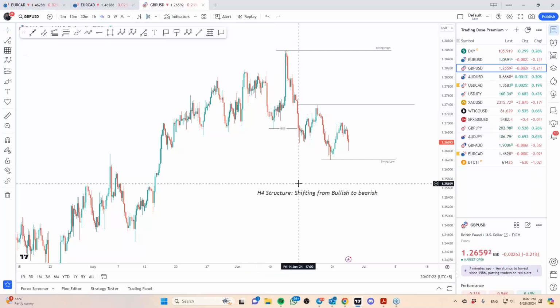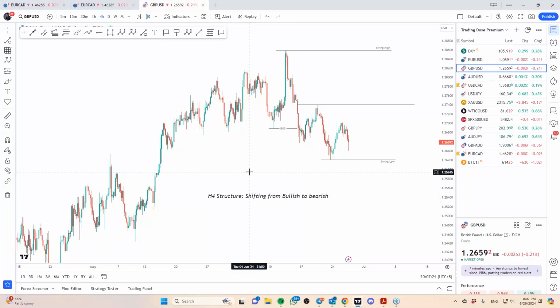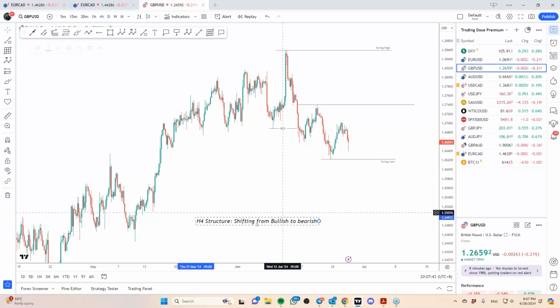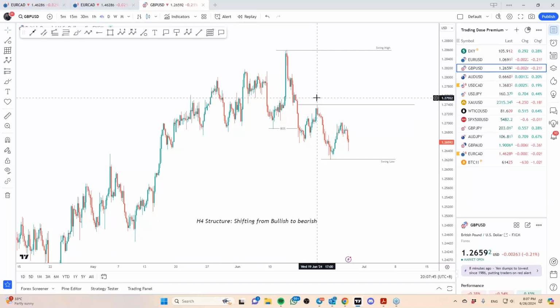So it's a shift. It's not a clear bearish trend yet. Obviously when you are trading the shift in structure, the probability may not be as high and as accurate as compared to if we have a very clean directional structure. But we're working on whatever the market is giving us right now.